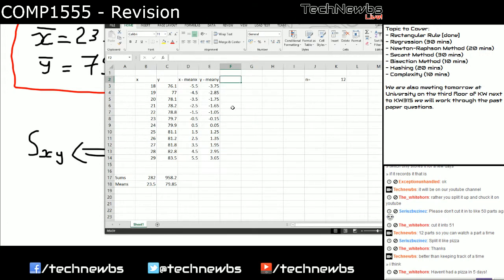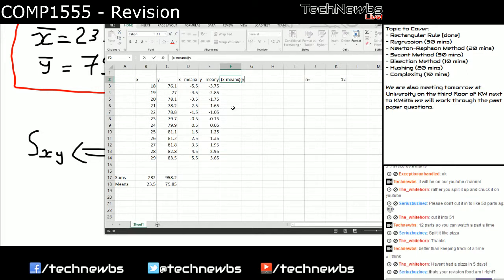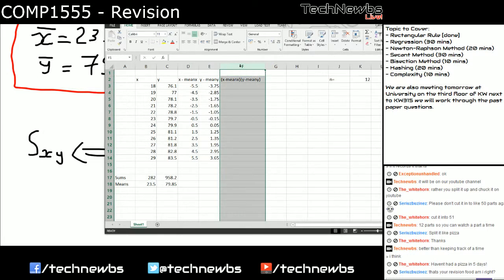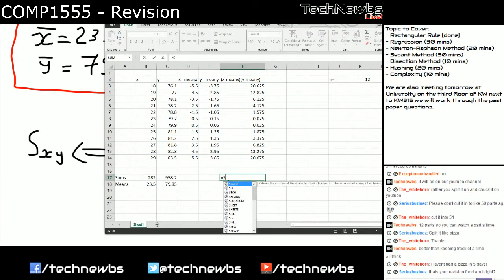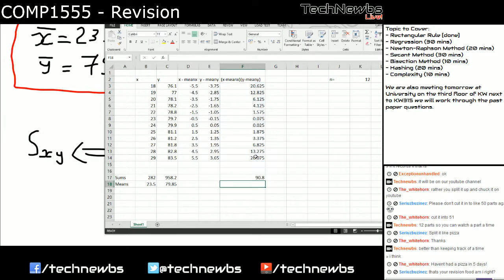So you need a new column, x minus mean x, and then y minus mean y. And this is basically just the value of x minus mean x times the value of y minus mean y. And that's how you get all your values. And we need a sum for this, because this gives us Sxy. Let's just sum all the values together and we get 90.8.